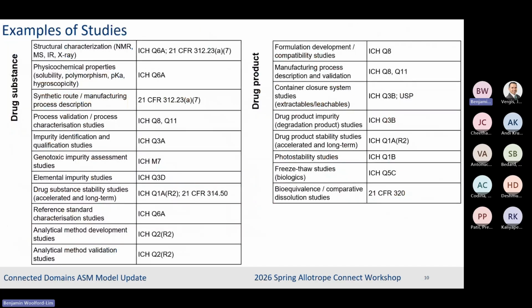So if we reach out and look at examples of studies for drug substance and drug product, and the corresponding regulatory guidances there, they all seem to meet that definition of study, with perhaps the exception of a structural characterization study and the reference study or reference standard characterization.